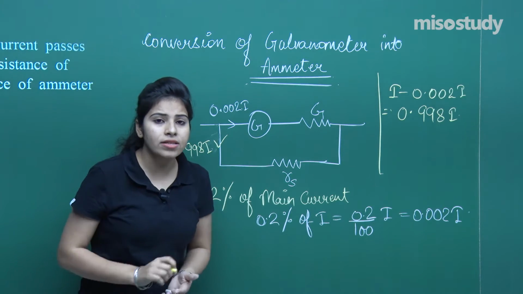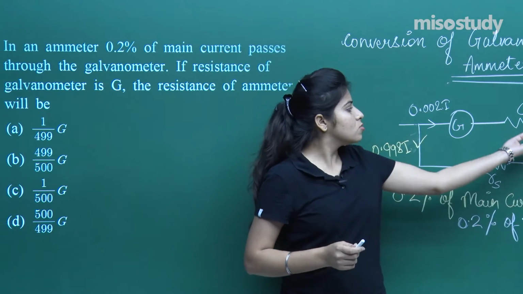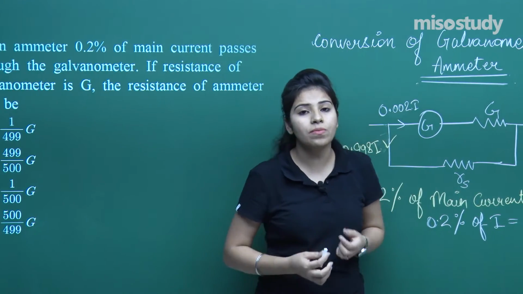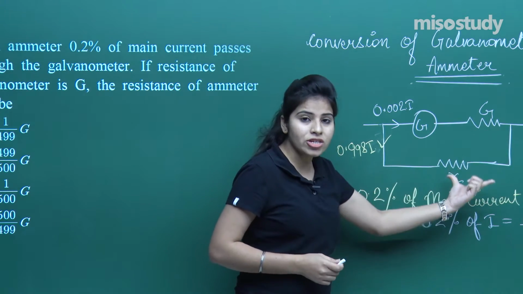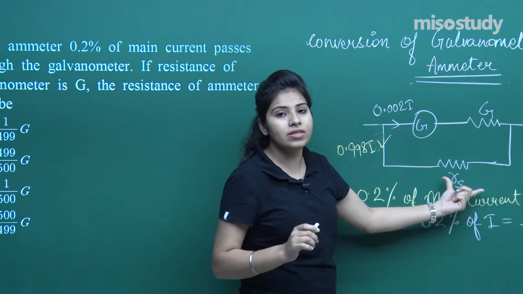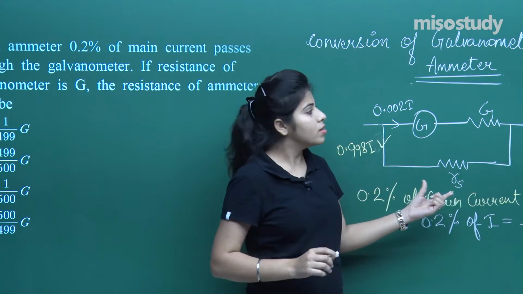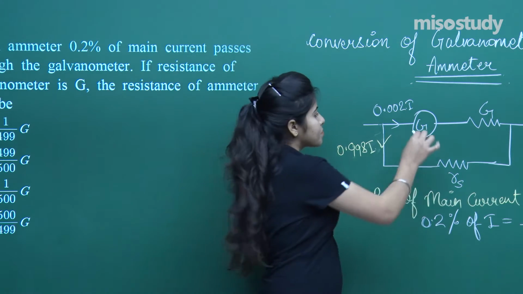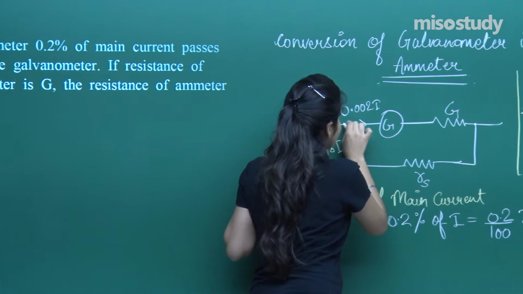Now you have drawn this condition. What we have to find in the question, if the resistance of the galvanometer is G, which we have written over here, is the resistance of the ammeter. That means we have to calculate the total effective resistance of the combination of these resistors. In this case, they are connected in parallel with each other.